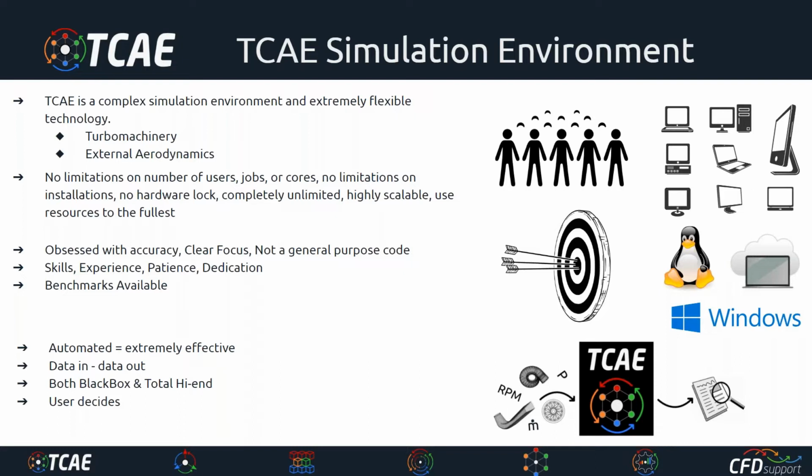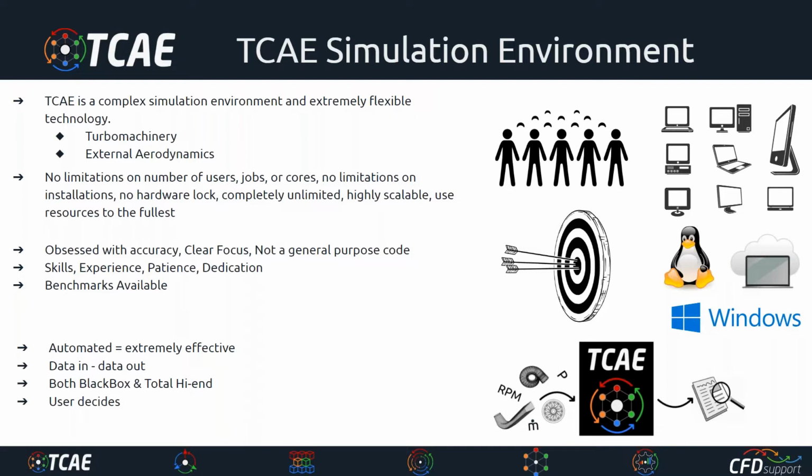And maybe lastly, I would say TCAE is automated. Automation is, again, our very high priority. Automation brings a lot of effectivity into the system, into the engineering. Automation avoids human error. Automation is something you have to have. It's so much better than we expected in the first place.